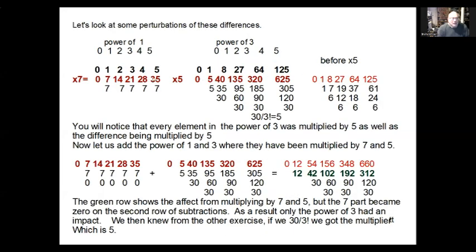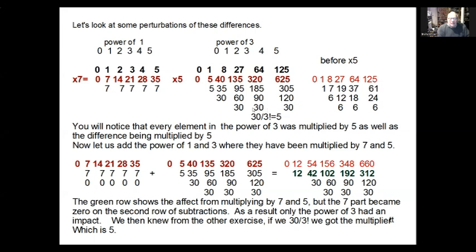Okay, now we're going to do one other thing, and that is we're going to take all those ones from this first one, multiplying by 7, and the numbers that were in the power of 3, we're going to multiply this row by 5. So this becomes 5, 40, 135, etc. And so we now start subtracting these numbers, and we get 30 at the 3rd line.